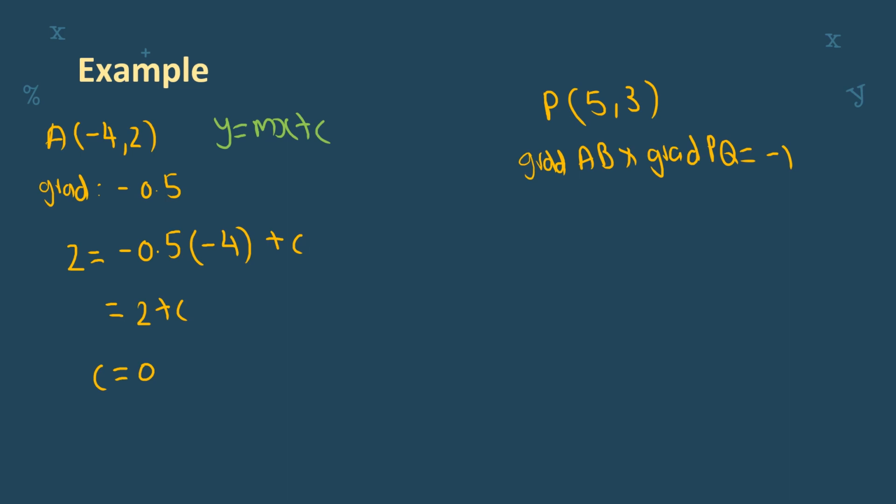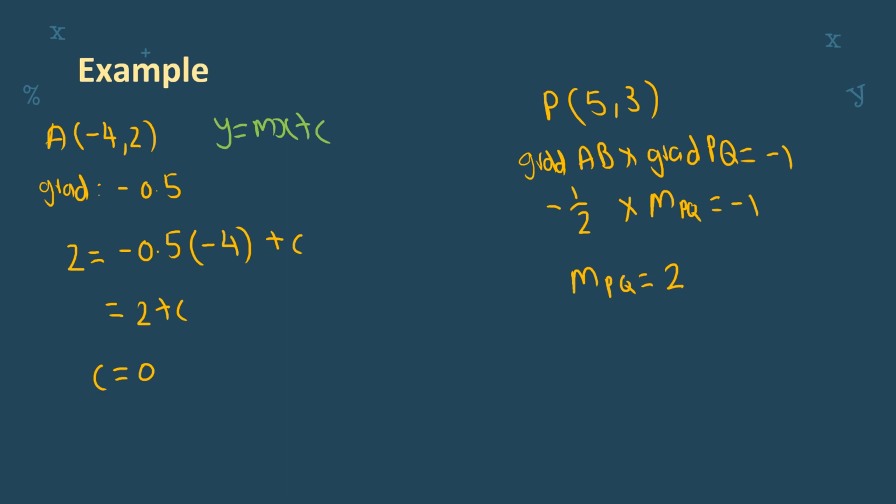So with this, we can find the gradient of PQ. So the gradient of AB, we all know it's negative 0.5, so let's call it negative half, times, let's call the gradient of PQ m, equals minus 1. So the gradient m of PQ is equal to 2.